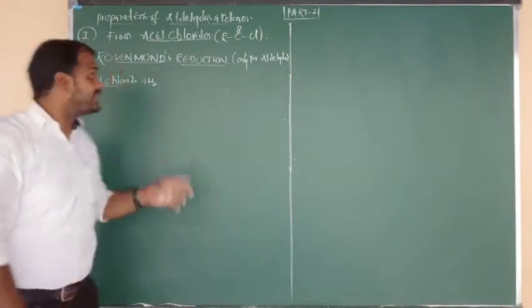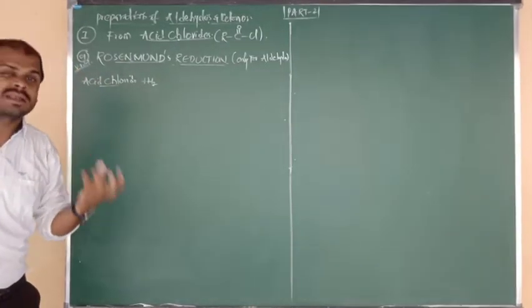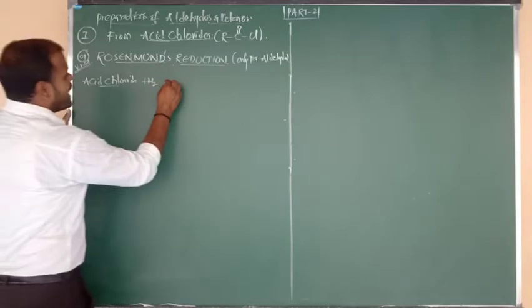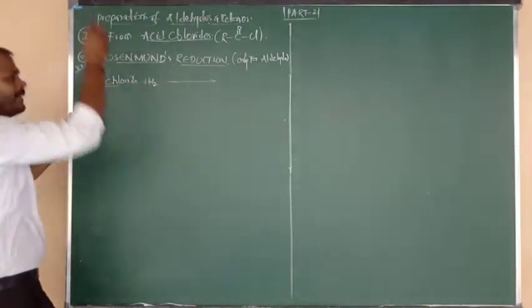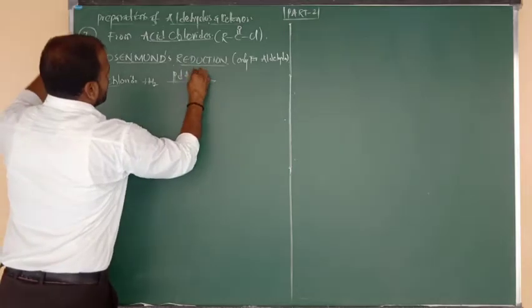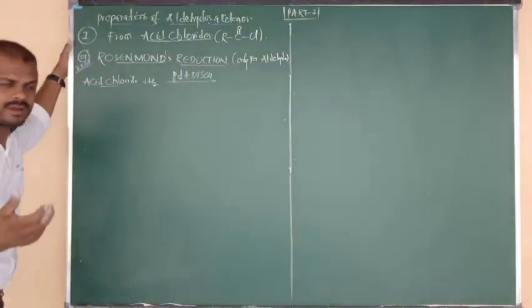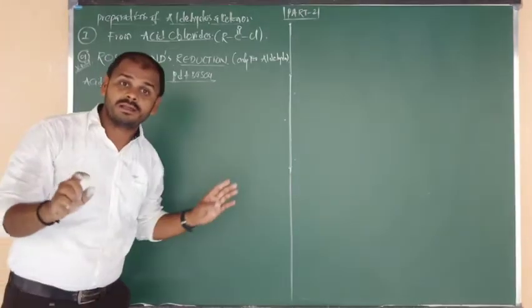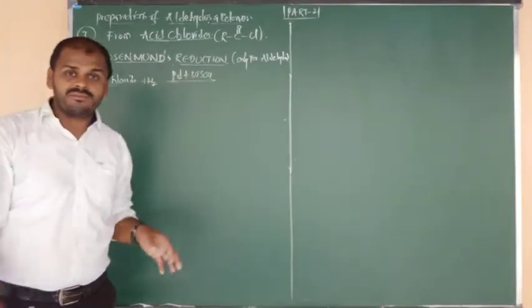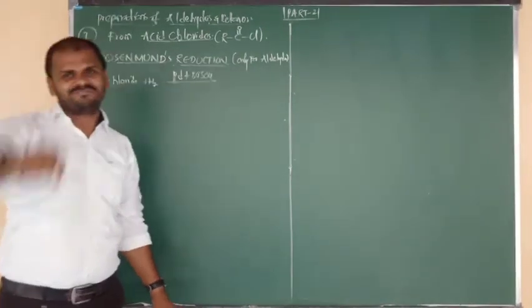Which reducing agent? The Rosenmund reducing agent. Sir, what is the formula of Rosenmund reducing agent? The formula is palladium plus barium sulfate, palladium powder. In that place you can use platinum also. Palladium plus barium sulfate, we have studied in first year.